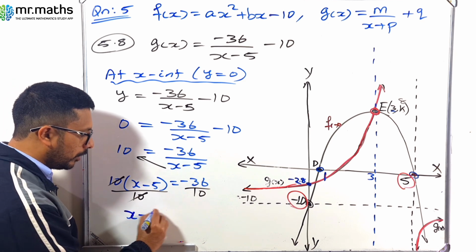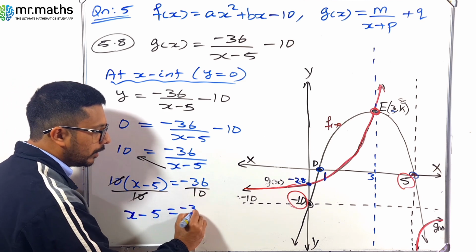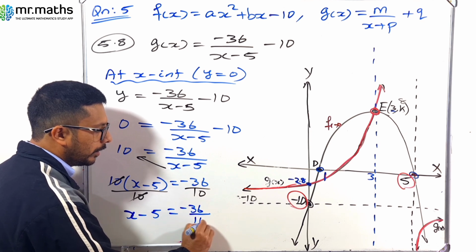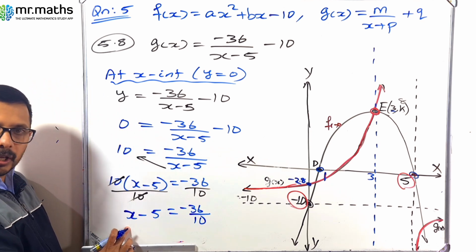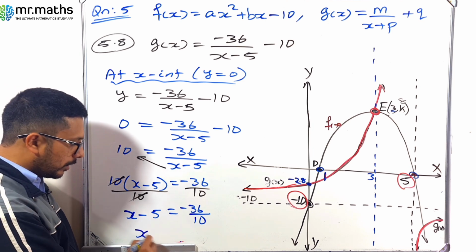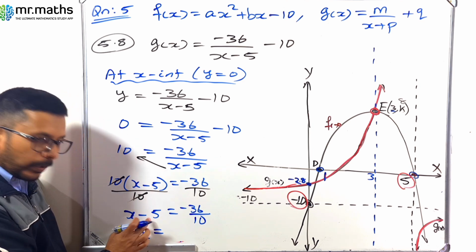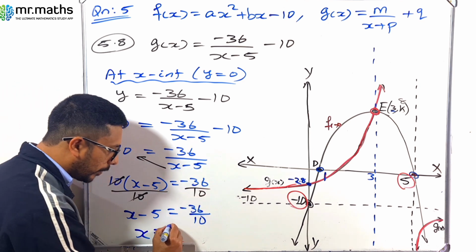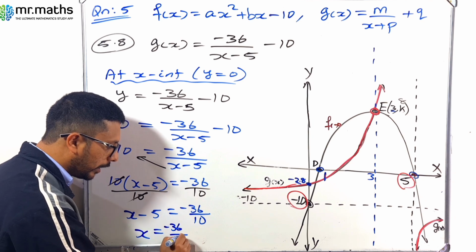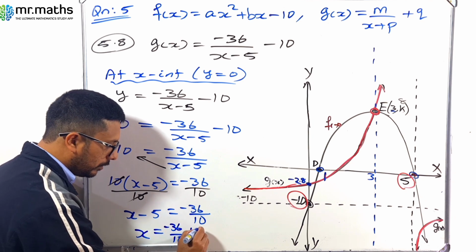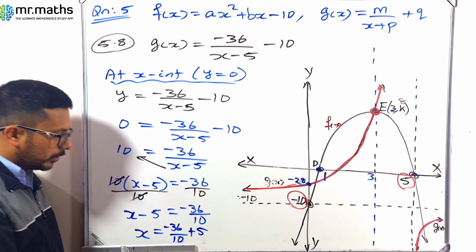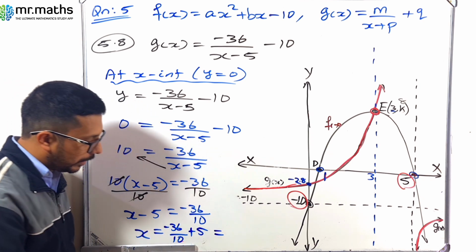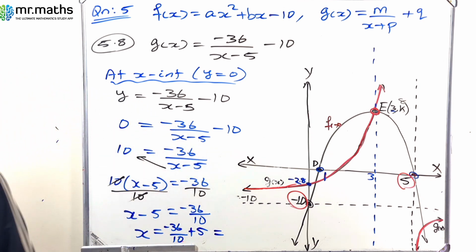X minus 5 is equal to minus 36 over 10. I'm just going to leave it like that. Now from here, how can you find x? X is equal to, I have to take this minus 5 to the other side, so it is minus 36 over 10 plus 5. Take your calculator and try to find the answer. 50, 14.